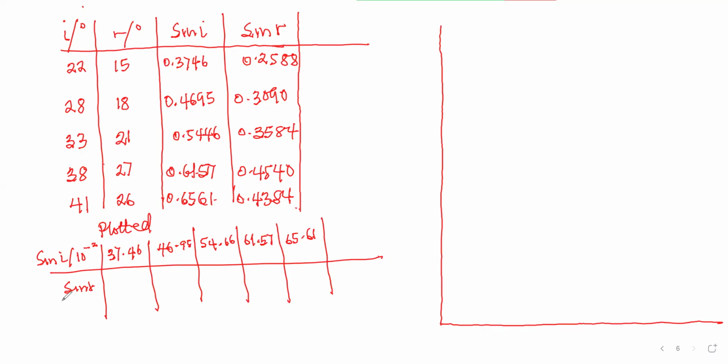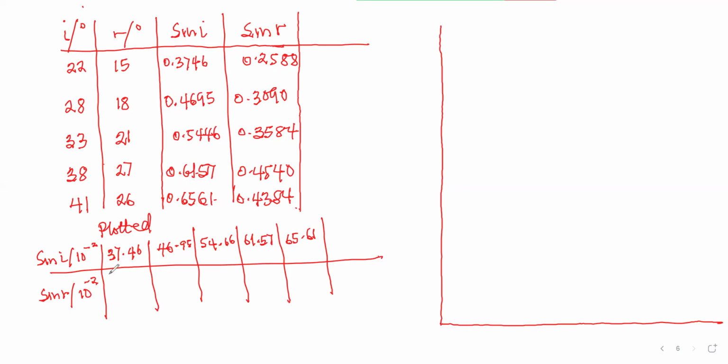Then I do the same thing to sin R as well. So sin R slash 10 exponent -2, because the first was expressed that way, I must do the same.